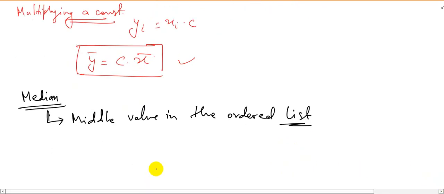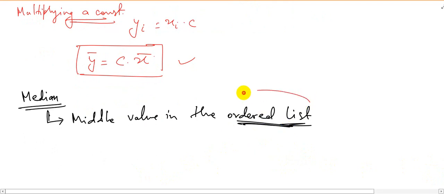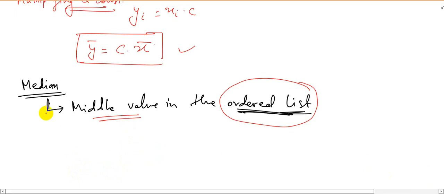This phrase, ordered list, is of great emphasis, I would say. What order? It can be either increasing order or decreasing order, and the middle value which we get is the median. Let's take an example: we have 2, 4, 1, 7, 8.